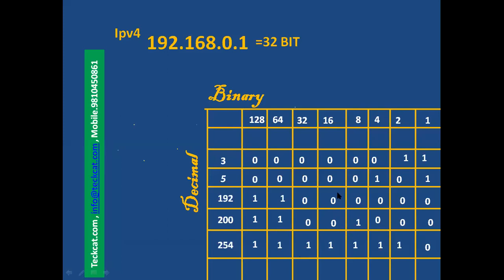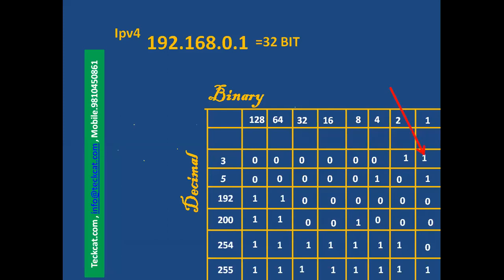And what about 255? What is the binary of 255? So when you add all the 8 bits, 128 plus 64 plus 32, 16, 8, 4, 2, 1, that becomes 255. So the binary of 255 is 1, 1, 1, 1, 1, 1, 1, 1, meaning eight 1s.